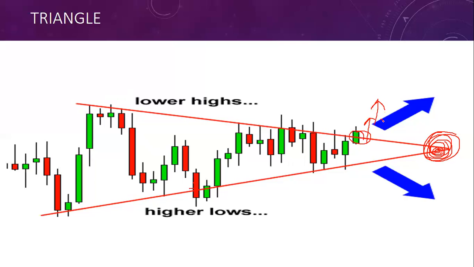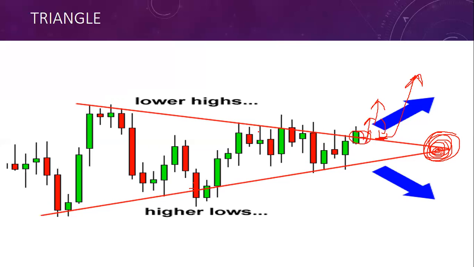The price normally goes down, retests this trend, and then starts to go up. So I wait for this moment to enter my trade here, to break this area. But I don't like to trade between two trends of the triangle. Honestly, I wait for the broken trend, and then I go.